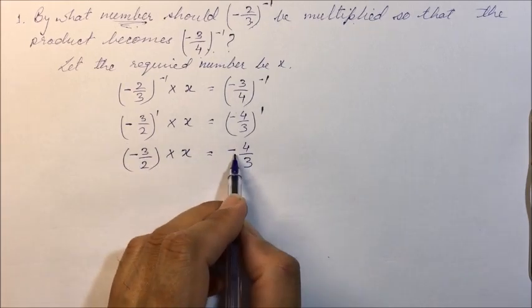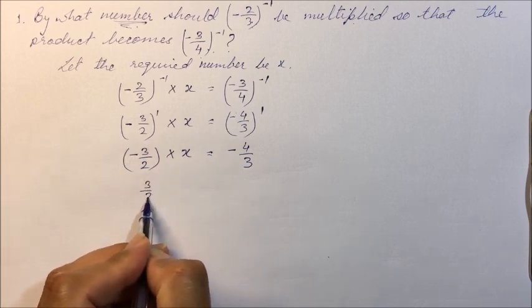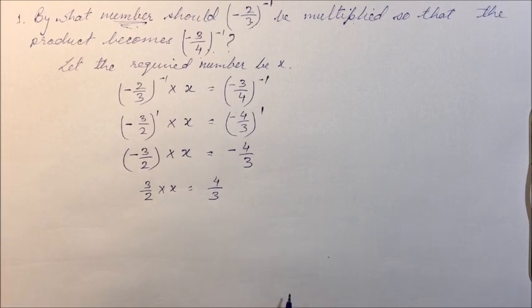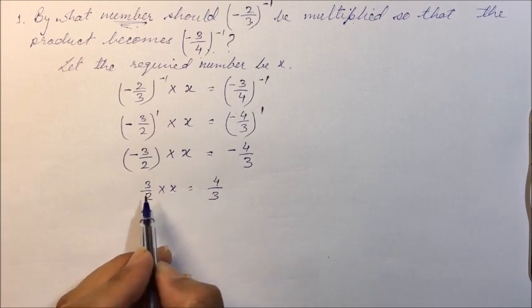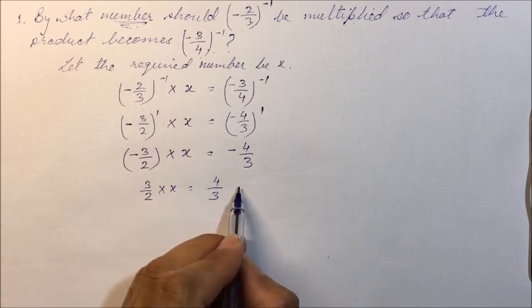Now minus minus we can remove from both sides, so it will be 3/2 into x equal to 4/3. We have to find x, therefore we take this on this side. Here it is multiplied, here it will be divided.